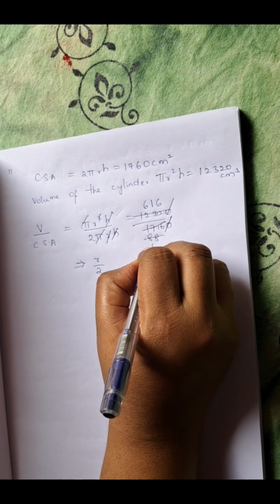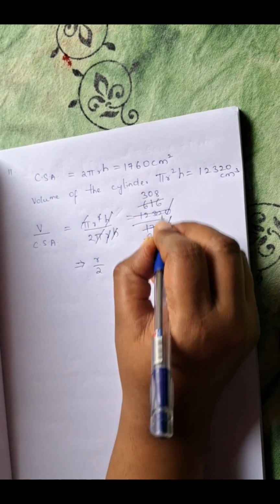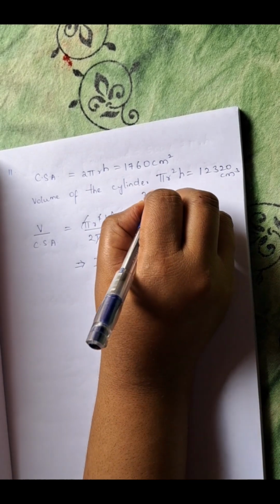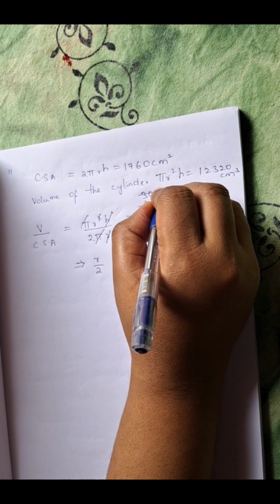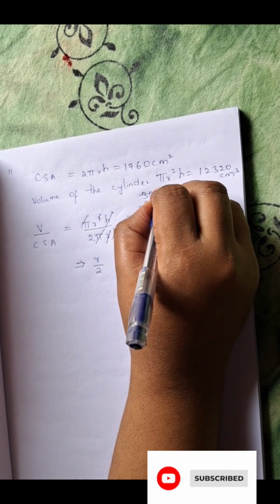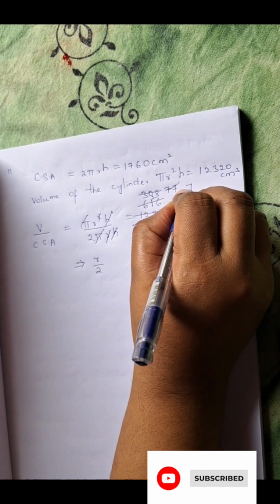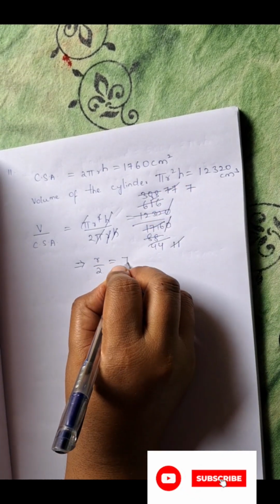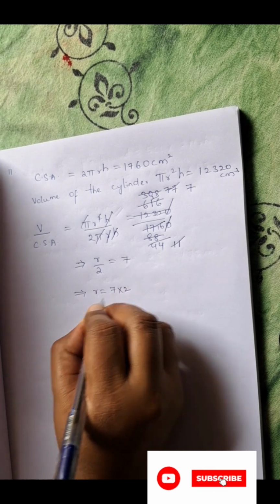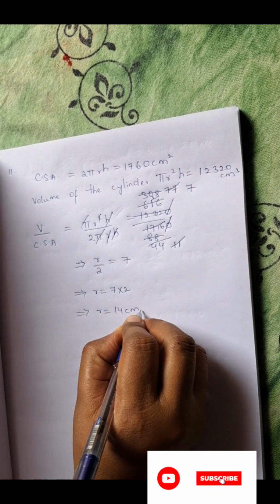Again 2 fours are 8, 2 fours are 8, 2 threes are 6, 0, 2 eights are 16. Next 4 ones are 4, 4 ones are 4, right? 4 fives are 24, 6s are 24, 4 sevens are 28, 4 sevens are 28, 2 left, again 4 sevens are 28, 11 ones are 11, 7s are. So r by 2 is equal to 7, which is equal to r is equal to 7 into 2. So r is equal to 14 centimeters.